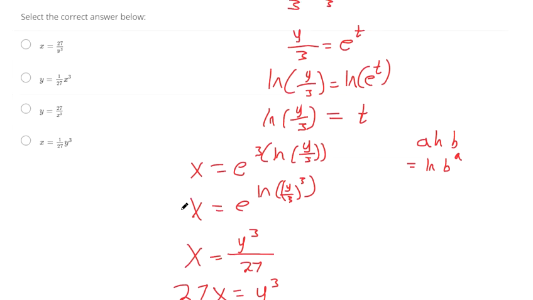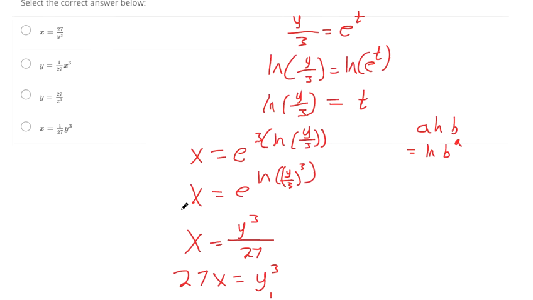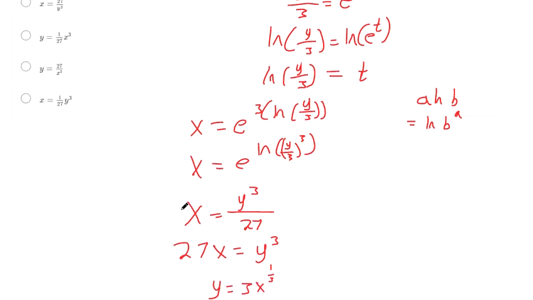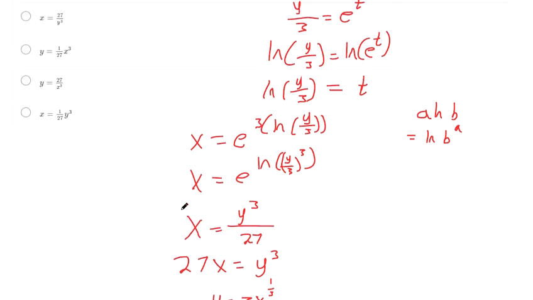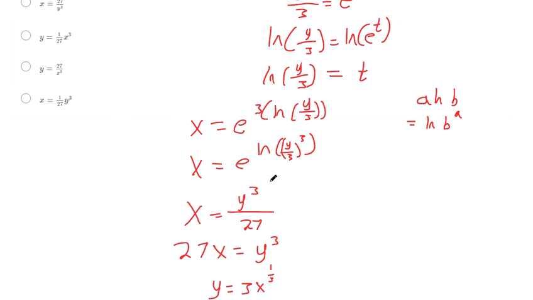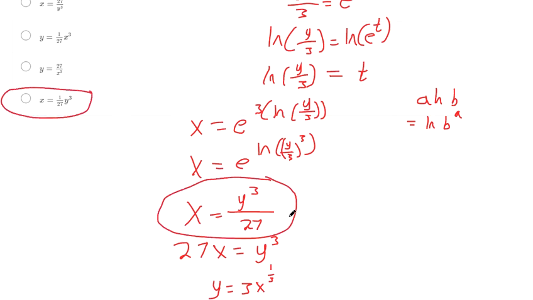Does that match anything? No, that one doesn't match anything either. Oh, shoot, we did have an answer. So right here, that matches up with this over here, right? If you divide by 27, that's the same thing as multiplying by 1 over 27.